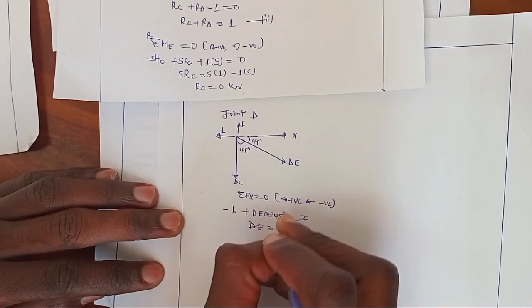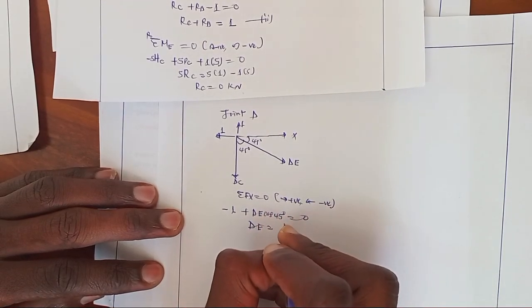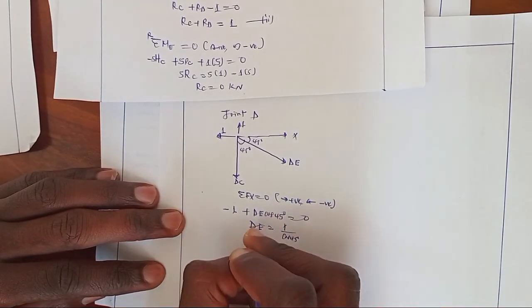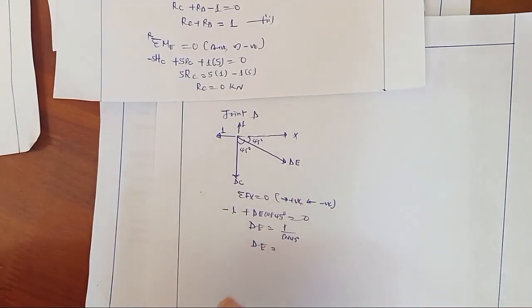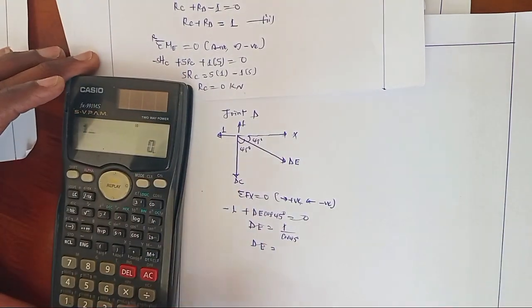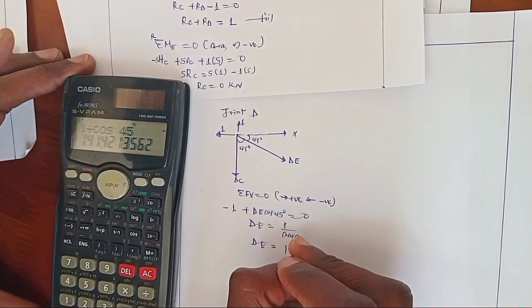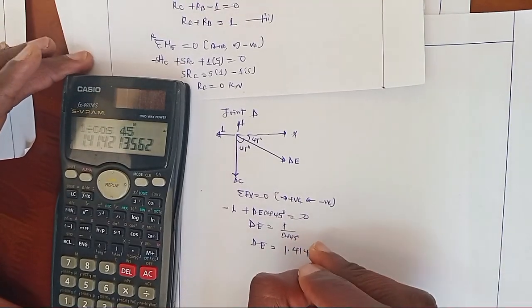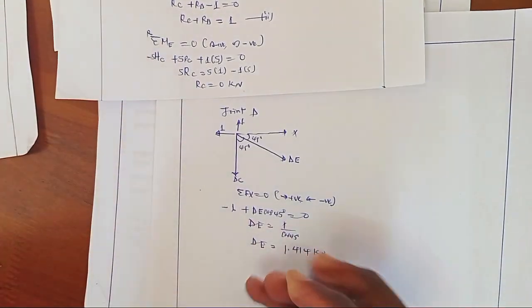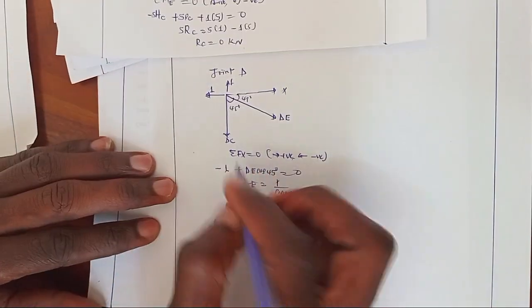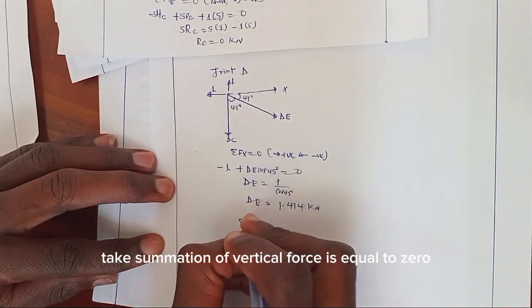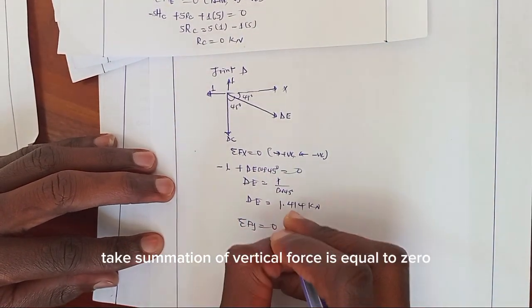DE will be 1 over cos of 45, so DE will be equal to 1.414 kilonewton.